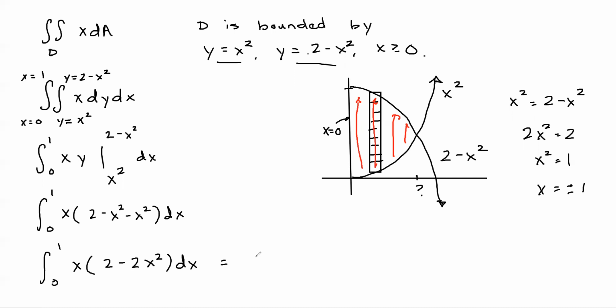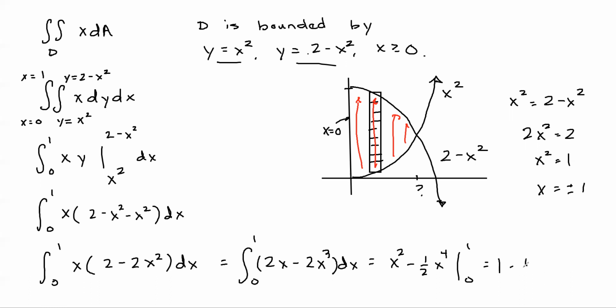This is a Calc 1 style integral, so we can do our Calc 1 integral. You could just distribute this. This is 2x minus 2x cubed dx. The antiderivative is x squared minus 1/2 x to the 4th, from 0 to 1. So we get 1 minus 1/2.